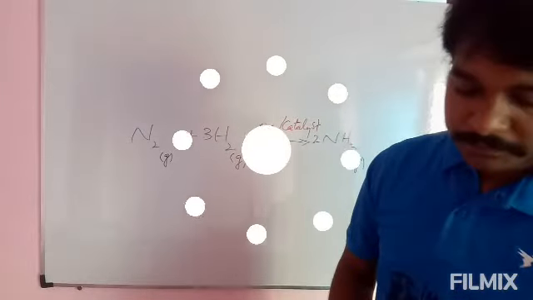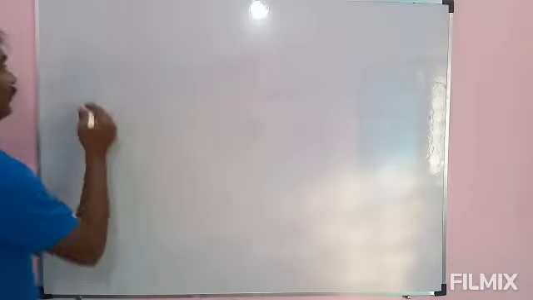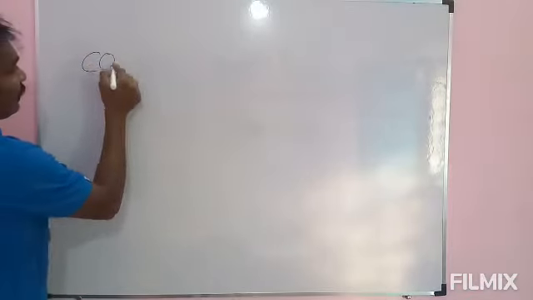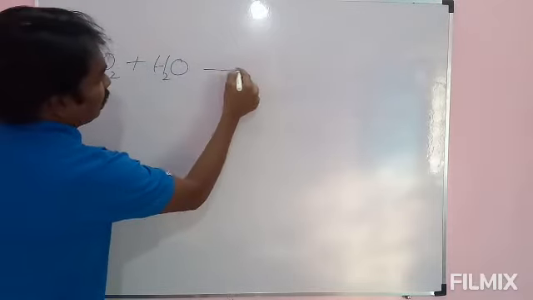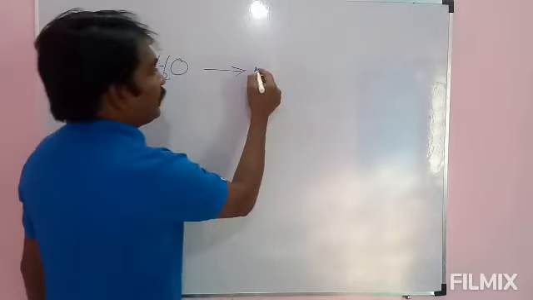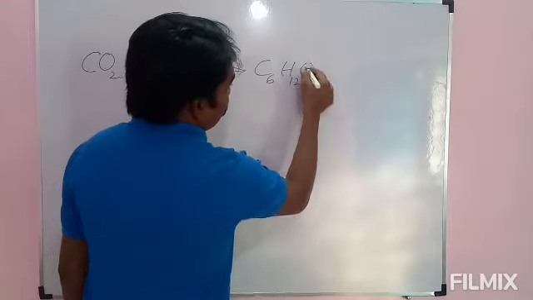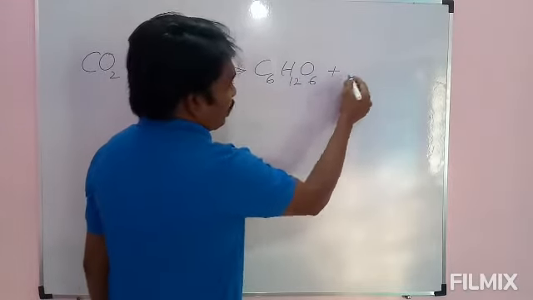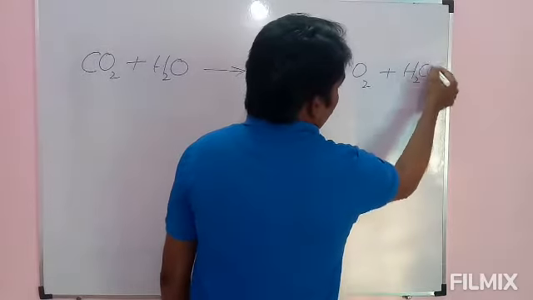Let us consider the equation showing the photosynthesis process. Carbon dioxide reacts with water in presence of sunlight and chlorophyll, and it forms the carbohydrate glucose, C6H12O6, plus oxygen plus water.